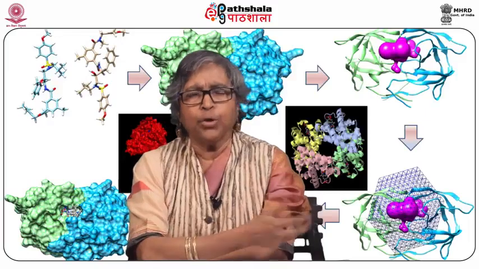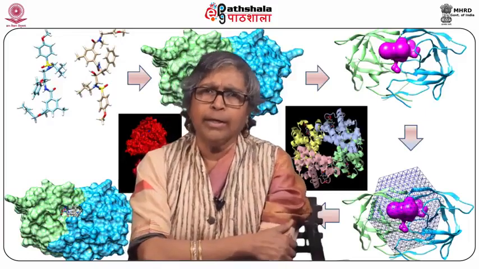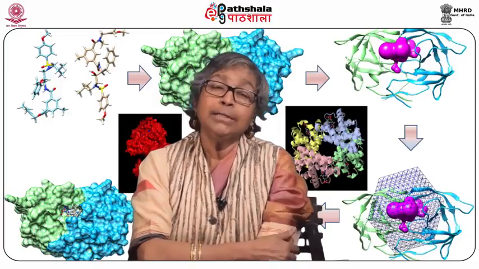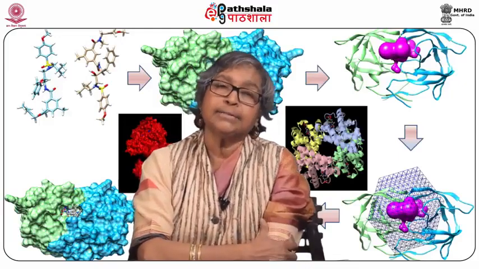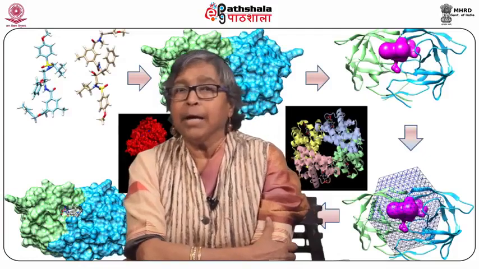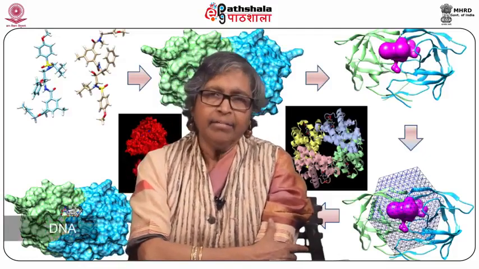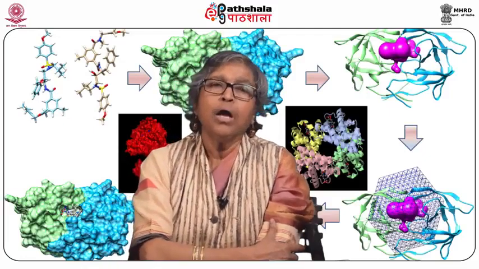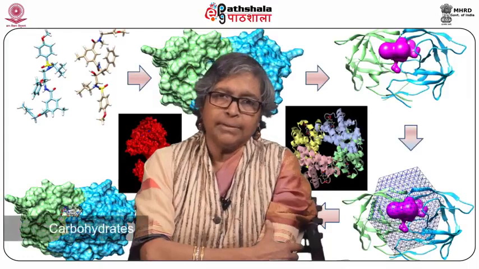Our targets for doing such docking experiments are quite different ones. One is enzymes. Major case studies have been done with enzymes. Then it can be enzymes or protein and DNA, and it could be even just DNA molecules. Also carbohydrates.